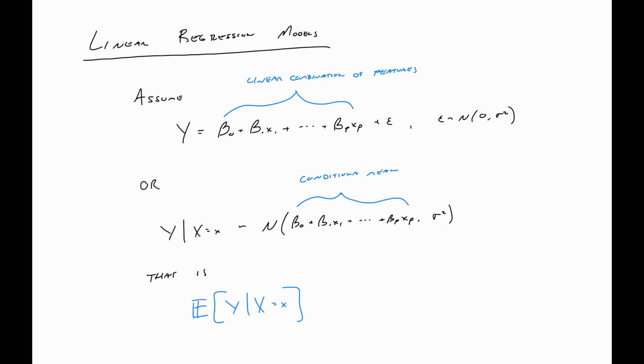That is, we're assuming that the mean of y at some x is that linear combination of predictors, which, again, we're calling the regression function. That's pretty convenient.